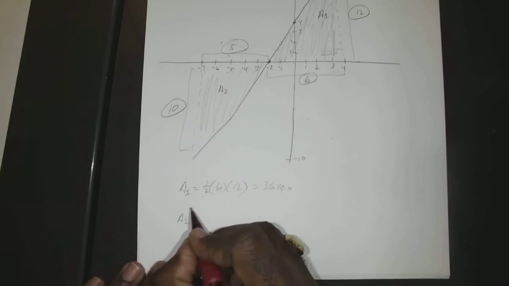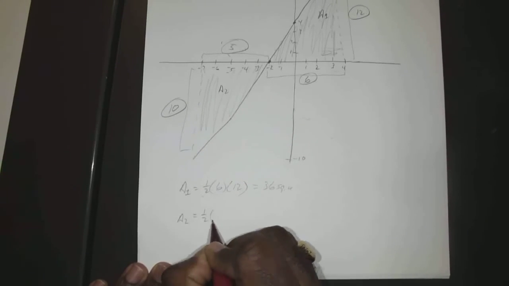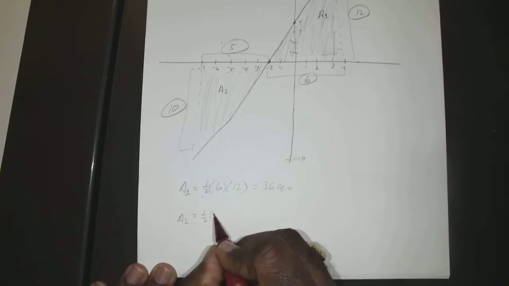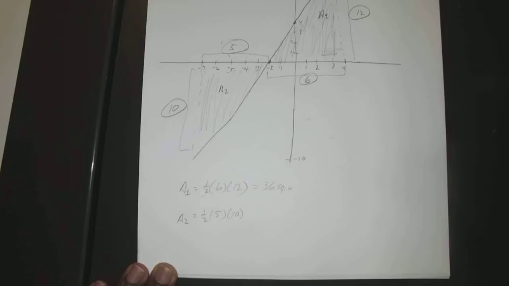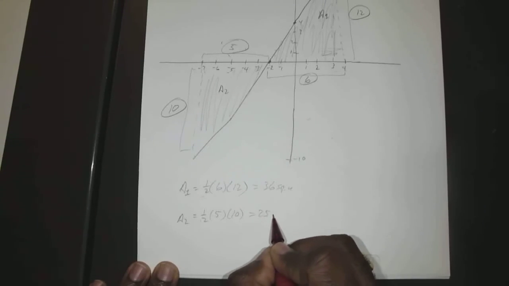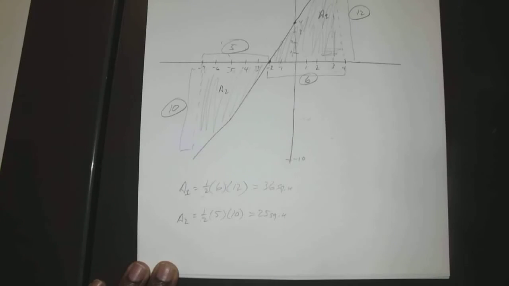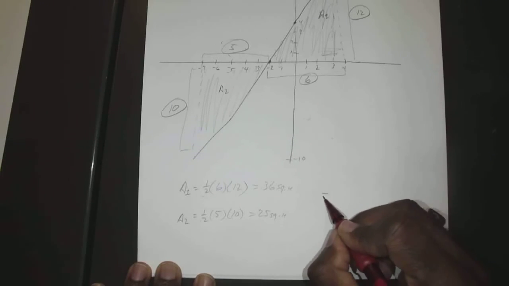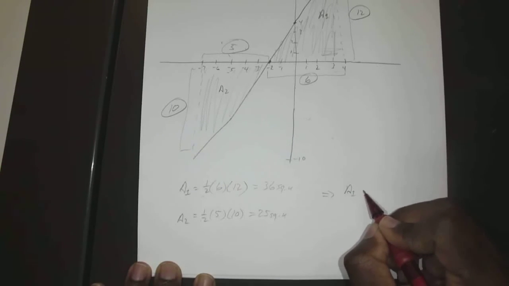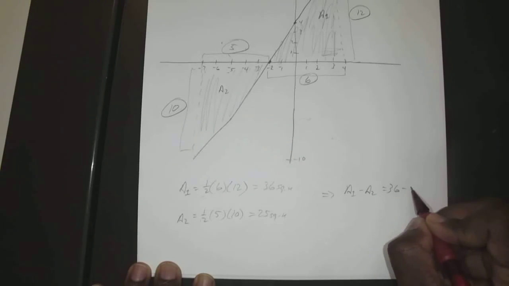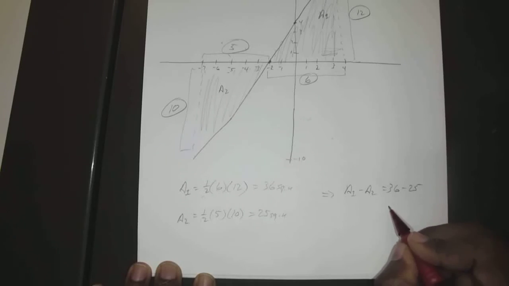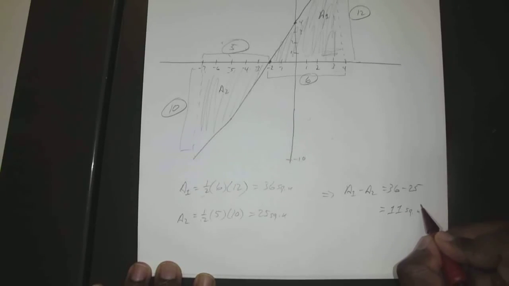Okay, and our second area is going to be 1/2 the base, which is 5, times the height, which is 10. 10 divided by 2 is 5. 5 times 5 is 25. Okay, so that gives us our A1 minus A2, which is 36 minus 25, which is 11 square units.